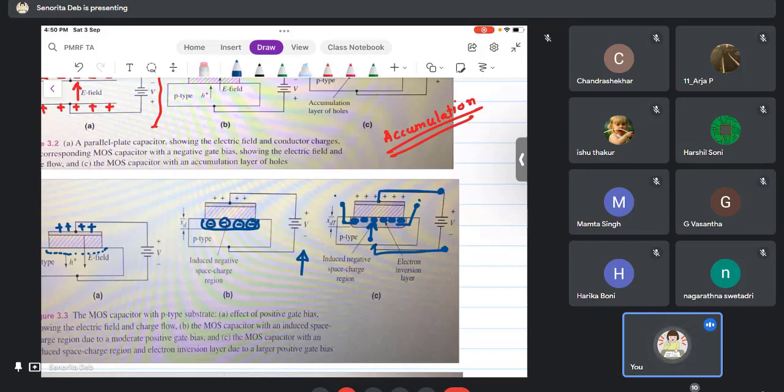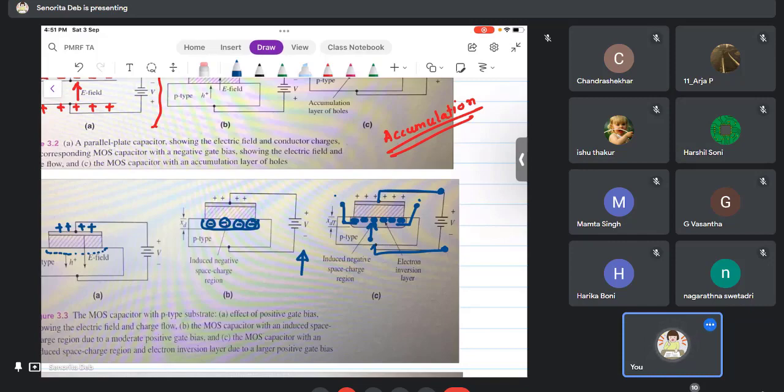You control the voltage at one terminal and you get the current at another terminal. Like in a BJT, you control the base to emitter voltage, and what you get is the collector current, which finally flows to the output. Similarly in a MOSFET, you control the gate to source voltage, and what you get is the drain current flowing from drain to source or source to drain. That also we will see.